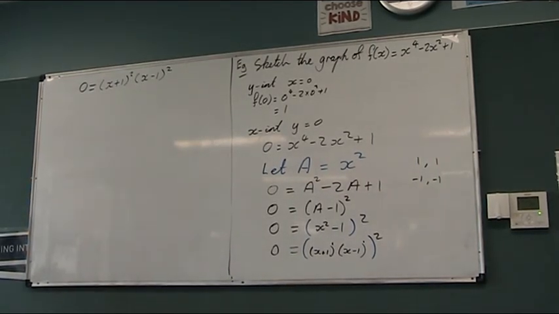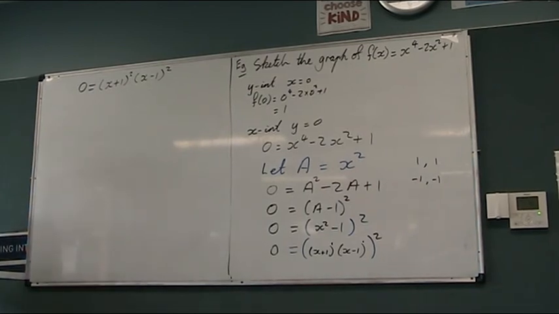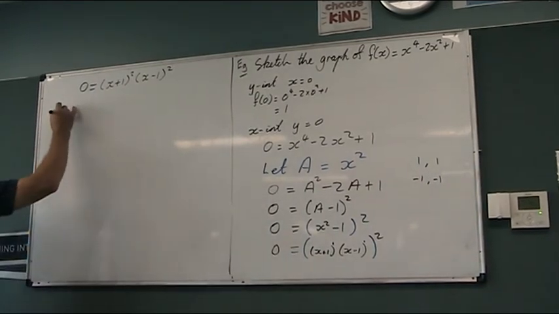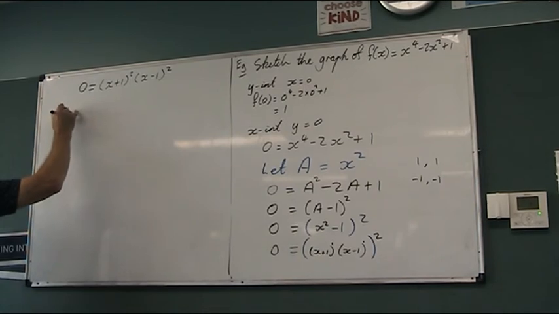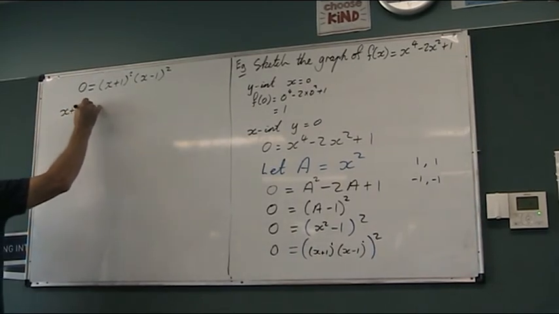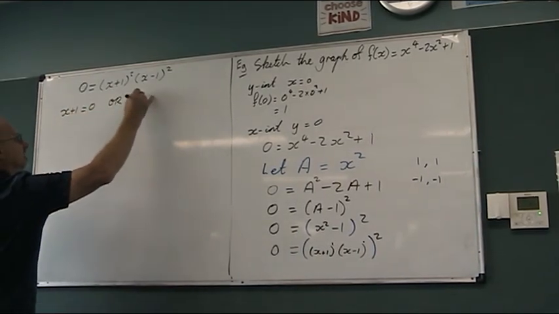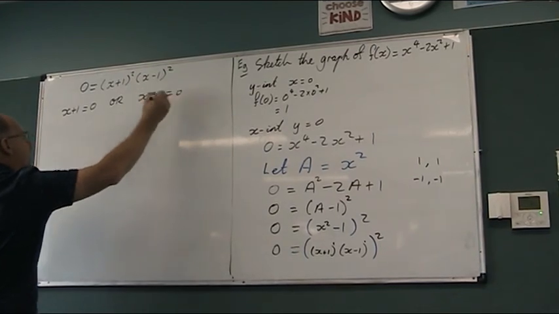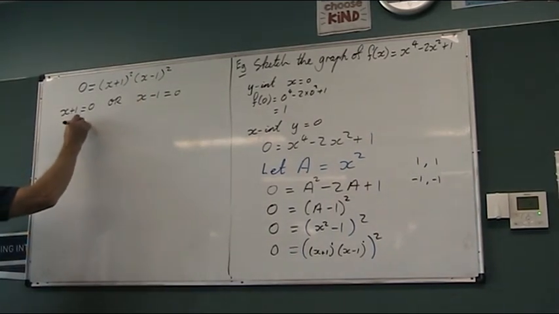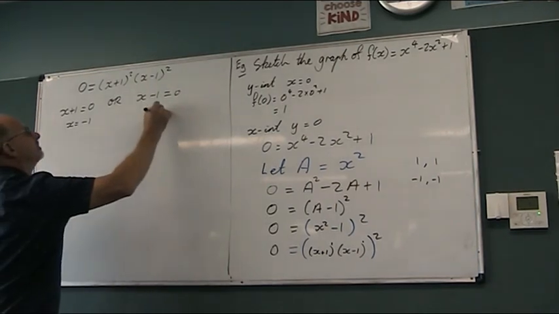What do we have then? We have some repeated factors. x plus 1 could equal 0, or x minus 1 could equal 0, so x equals negative 1, or 1.